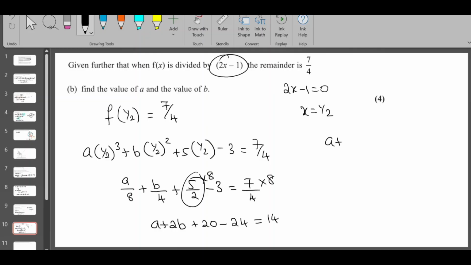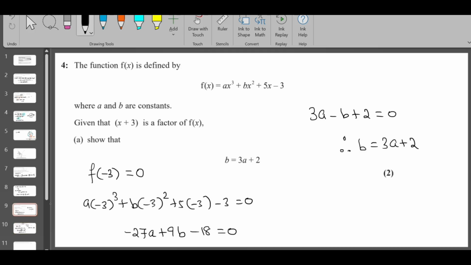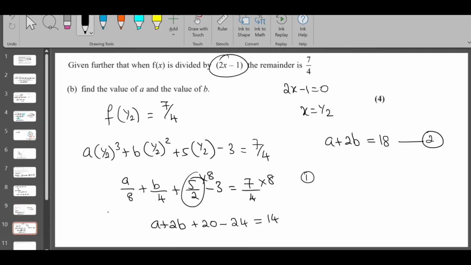So you will get the second equation, a plus 2b is equal to 18. Take this as equation 1. Okay, equation 1, you can just write it here. Put b this side, 2 this side. Equation 1 is 3a minus b is equal to minus 2.